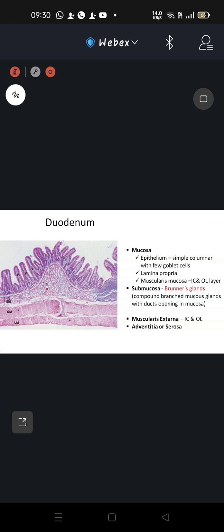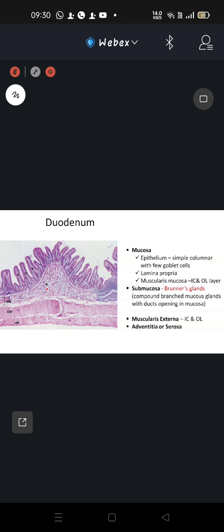Also what we can see is that in the pylorus portion they have mucus secreting glands in their lamina propria. There are no mucus secreting glands here; rather this portion has the crypts of Lieberkuhn, the intestinal glands. The muscularis mucosa is continuous on the gastric side.